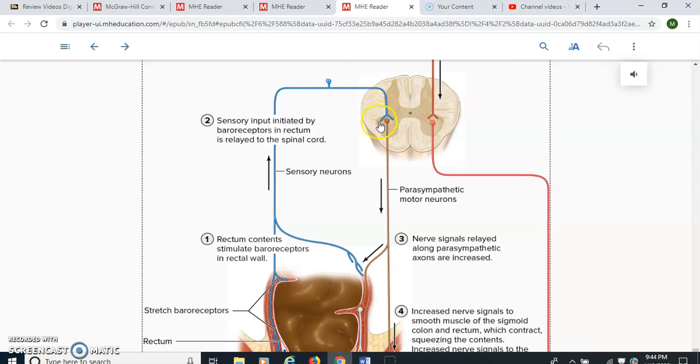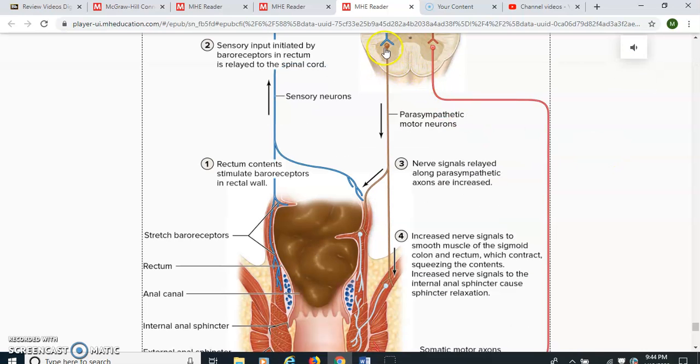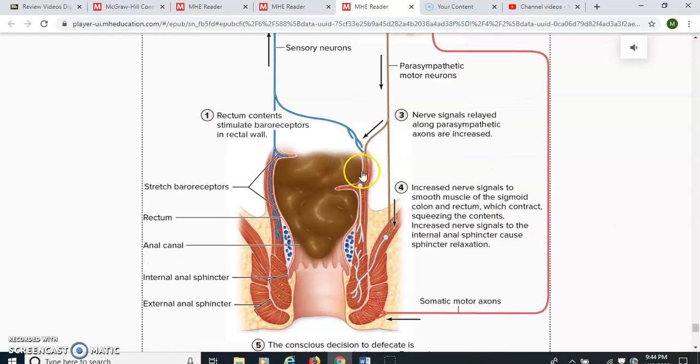They'll send that information there, and then the spinal cord is going to be deciding what needs to be done. And so it will send a signal through parasympathetic motor neurons down not only to the smooth muscle in the wall of the rectum, but also to the internal anal sphincter as well.